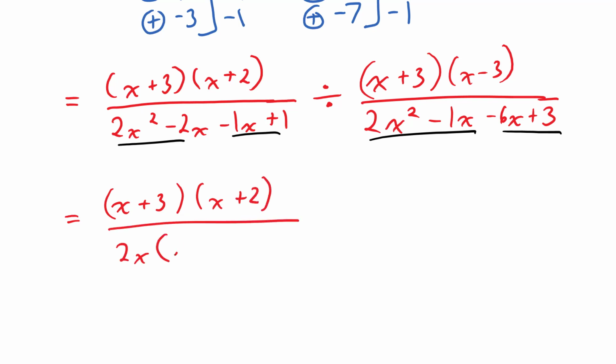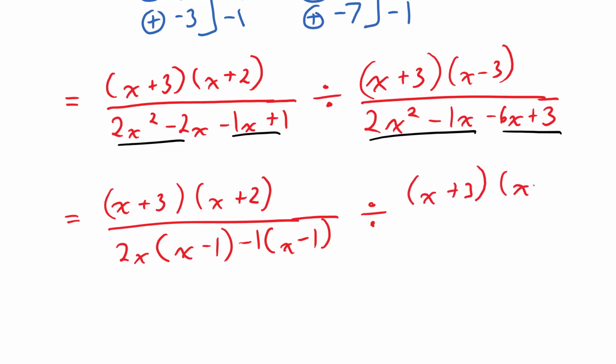Two x comes out, x minus 1, -1 comes out, x minus 1. Common factor here, just an x.